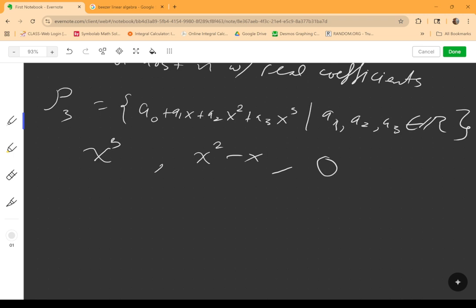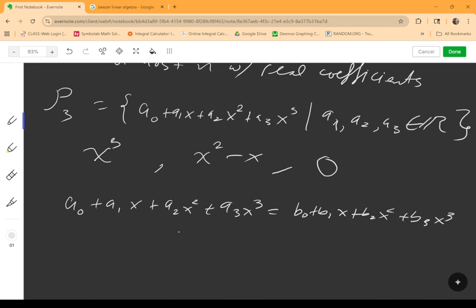Each of the coefficients must match, so a0 equals b0, a1 equals b1, a2 equals b2, and a3 equals b3.